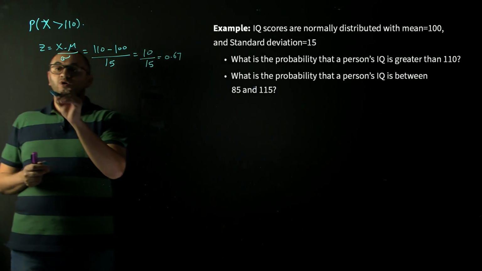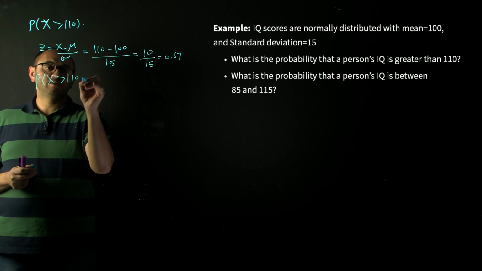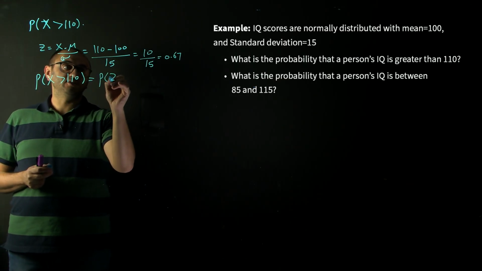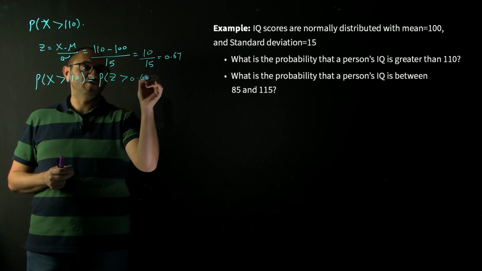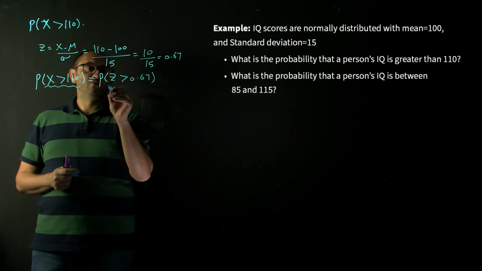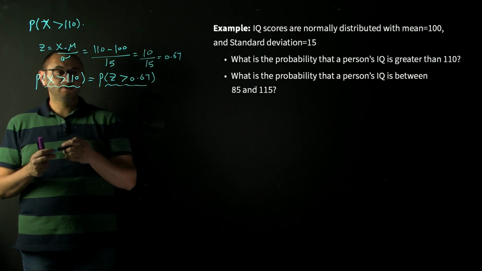So probability x is greater than 110 is equivalent to probability that z is greater than 0.67. This is a normal distribution, this is a standard normal distribution, and they are equivalent, right?